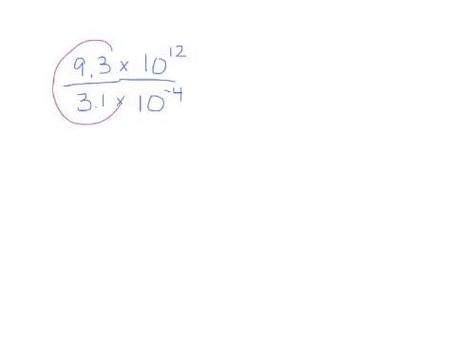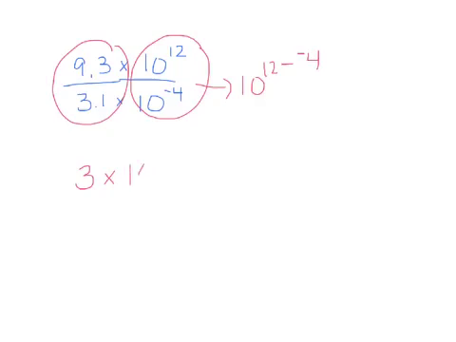I'm still going to do 9.3 divided by 3.1, it's going to give me 3, and I'm going to still do the same thing with the 10 to the 12th minus a negative 4. So in this case, it's going to be 12 plus 4. The minus and negative becomes two positives, so I'm left with 10 to the 16th power.